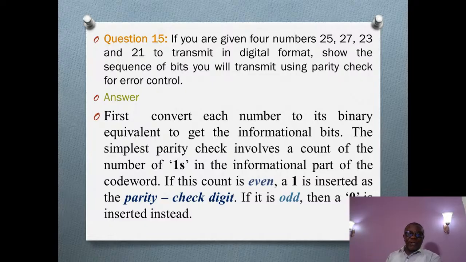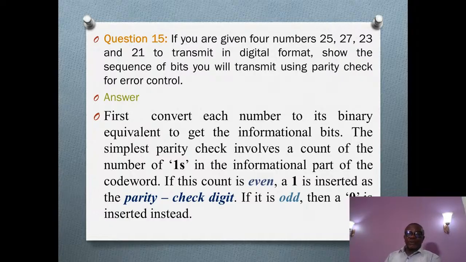So first, convert each number to its binary equivalent to get the informational bits. The simplest parity check involves a count of the number of ones in the informational part of the code word. If this count is even, a 1 is inserted as the parity check digit.